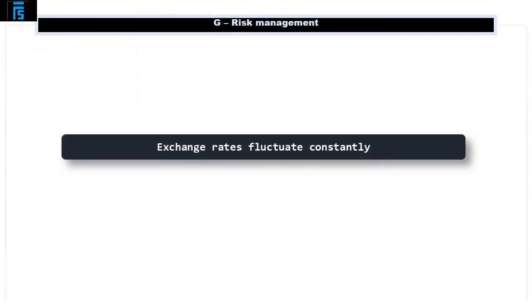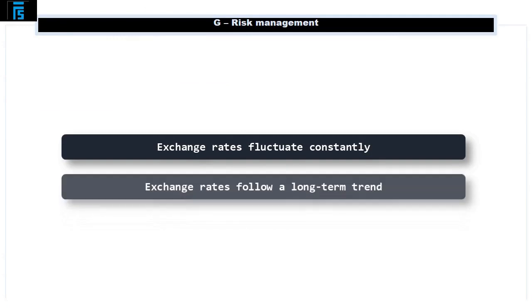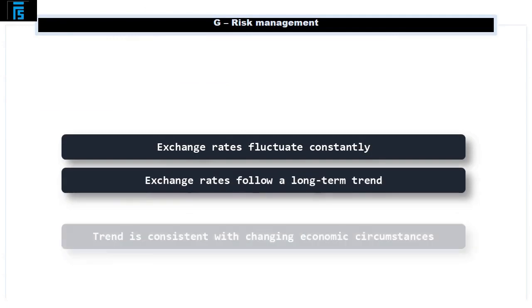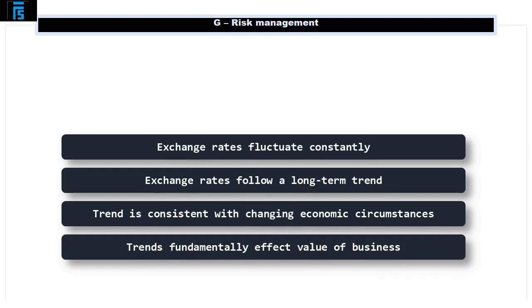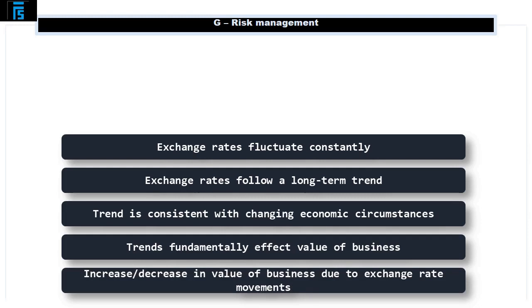Although exchange rates fluctuate constantly, they often follow a long-term trend that's consistent with the changing economic circumstances of the two countries in question. These long-term trends can fundamentally affect the value of our business. For example, if we constantly make sales to the UK from America, then the value of each individual sale will go up or go down in value depending on the direction of the exchange rate movement at the time.